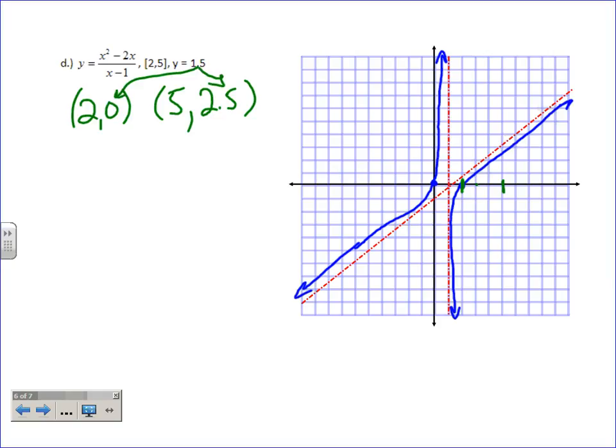And so if we wanted to solve this one, what happened? I think we're good. Yeah, it's 3.75.